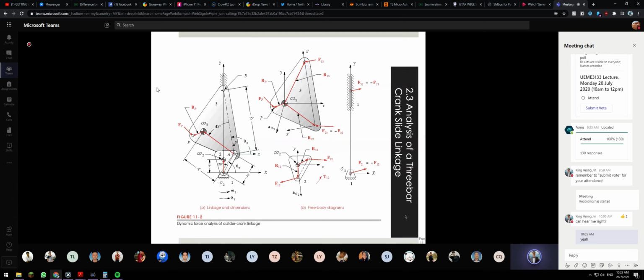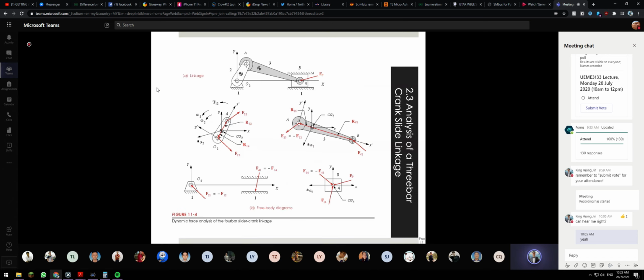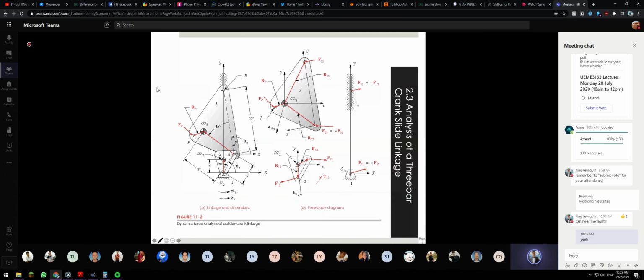So you have to take the theta 3. So you have to take the theta 3 plus the angle. Okay. Then only we can measure the R, so-called the R23 from the horizontal line.